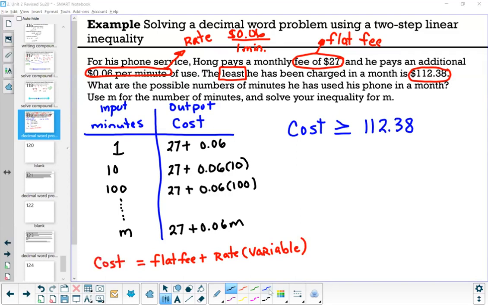I'm going to substitute for the cost now. I'm going to write 27 plus 0.06 M is greater than or equal to 112.38. And now I can solve that. I'm going to subtract 27 on each side.